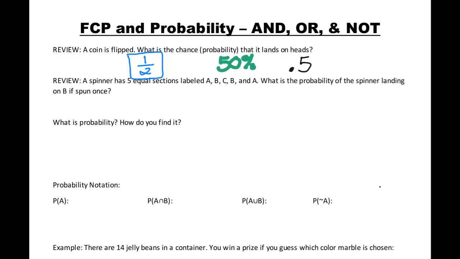A spinner has 5 equal sections labeled A, B, C, another B, and another A. What is the probability of the spinner landing on B if we spin it one time? Anybody want to take an educated guess?